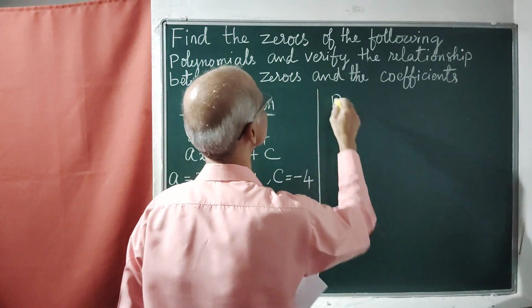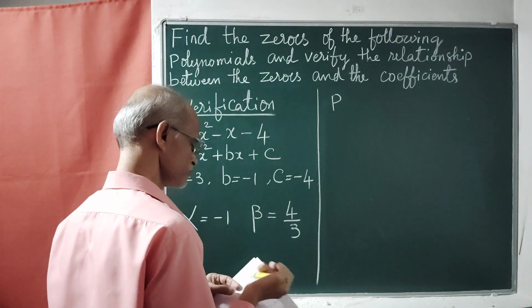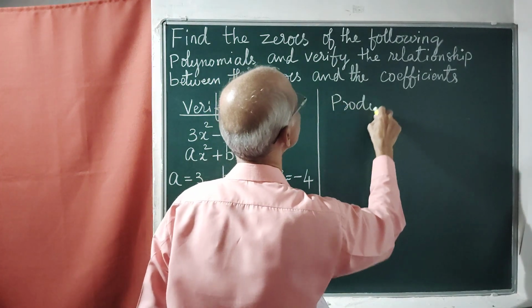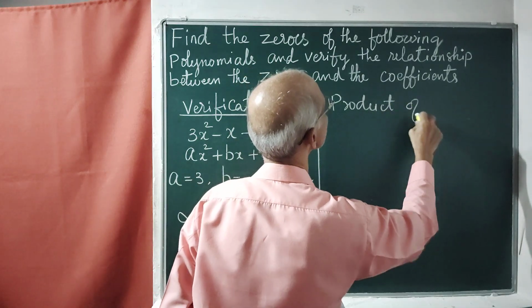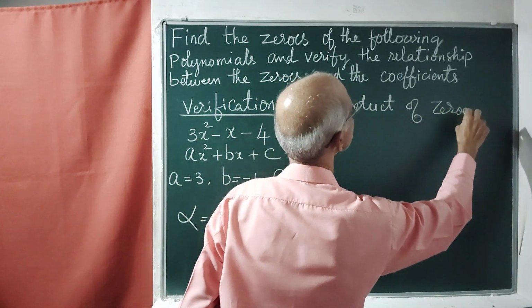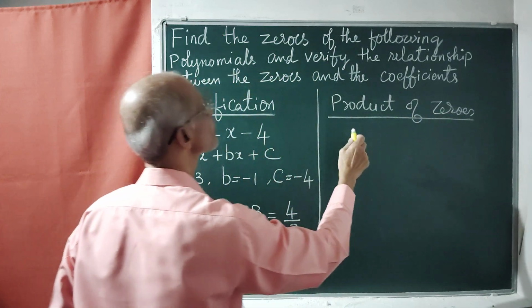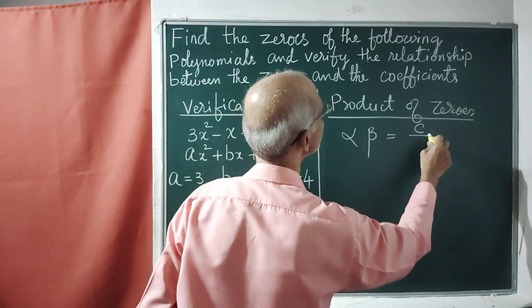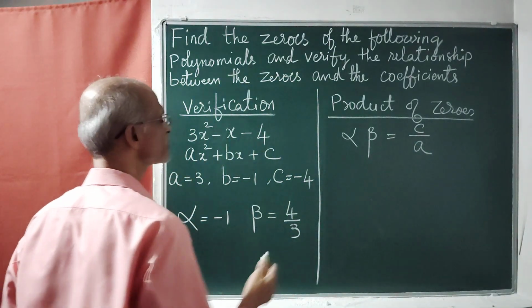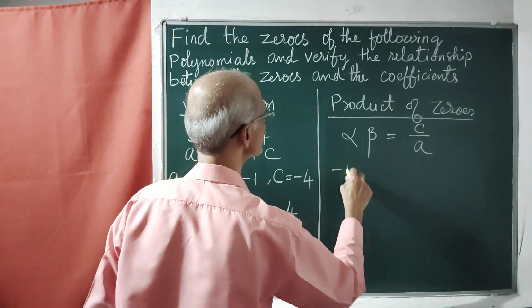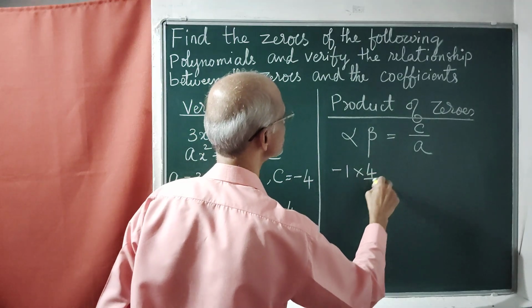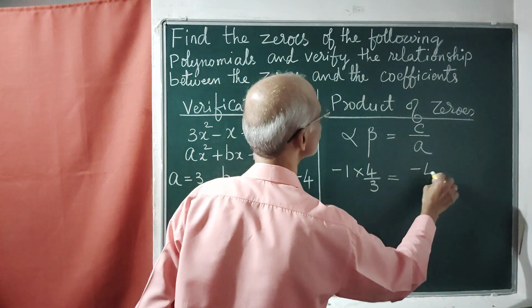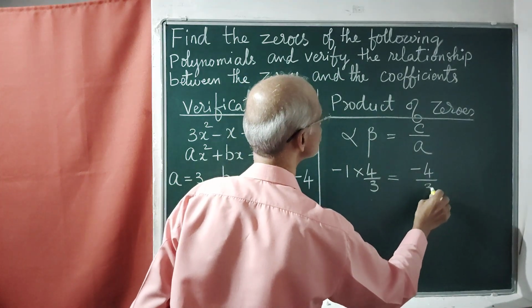Product of the zeros. Alpha into beta is equal to C by A. So alpha into beta means minus 1 into 4 by 3. That's equal to C by A, minus 4 by 3.